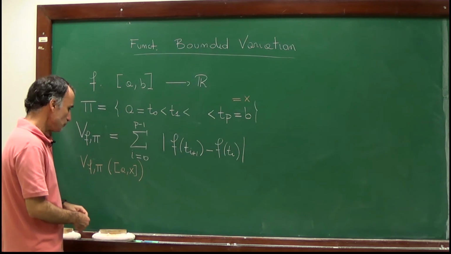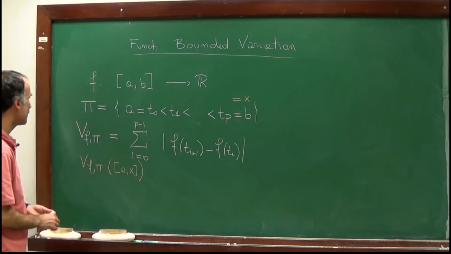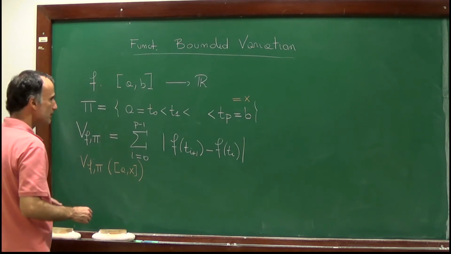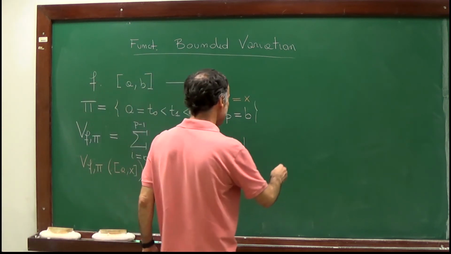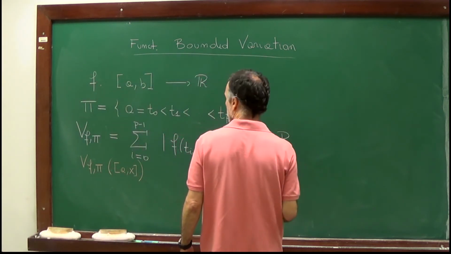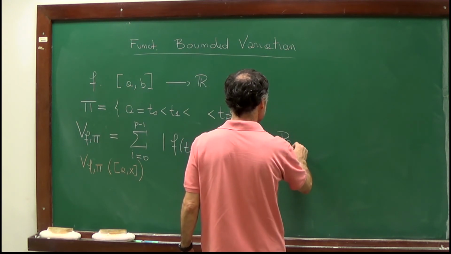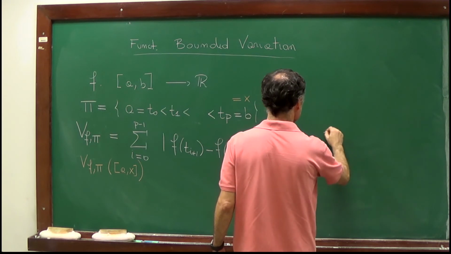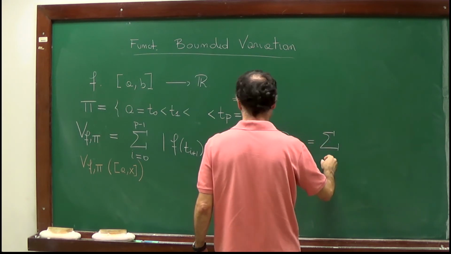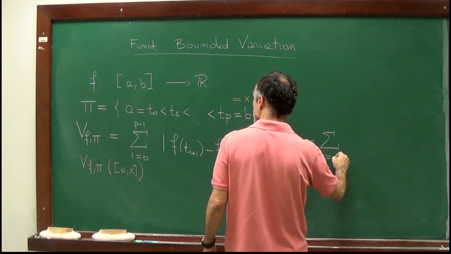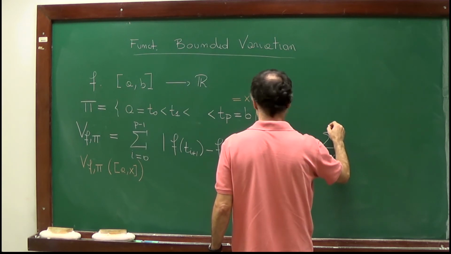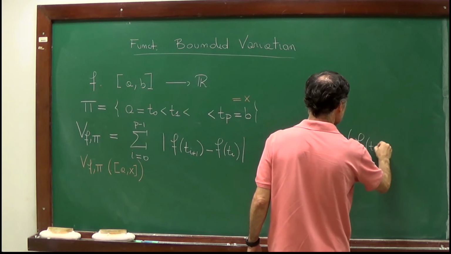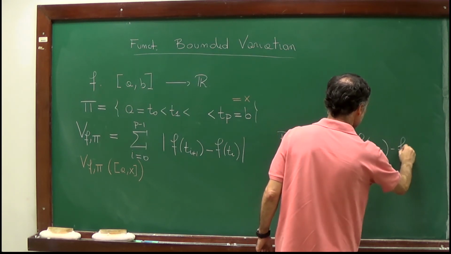And so this is one definition, and then I can also define the variation along the positive and the negative parts. So P_f(pi) will be the sum of the increments, but I'm taking only the positive part of the increments.